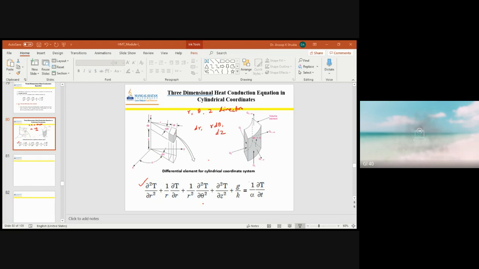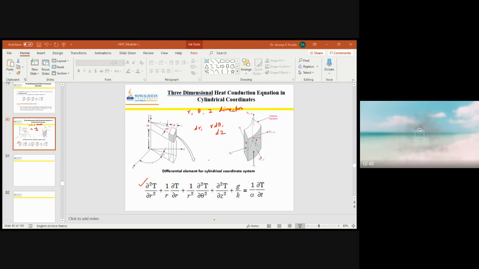So this is important when we are interested in calculating the heat transfer in the radial direction in the cylindrical coordinate system when there is no heat generation, and the heat is transferred in a steady state manner.